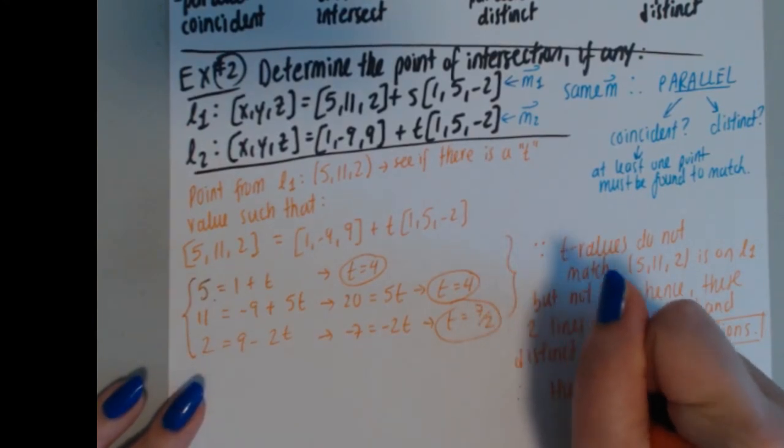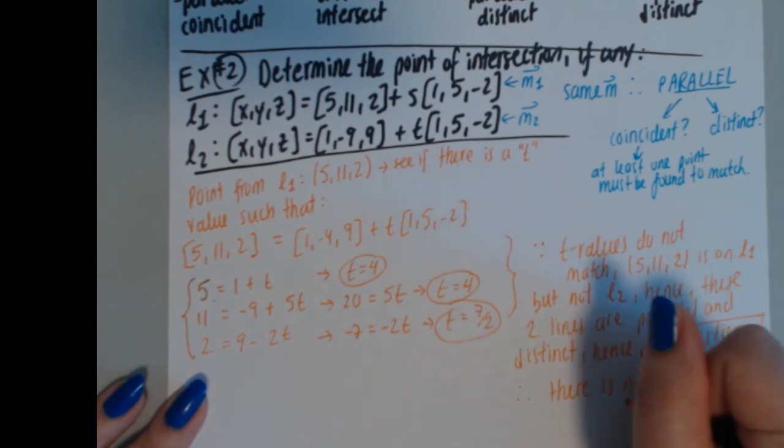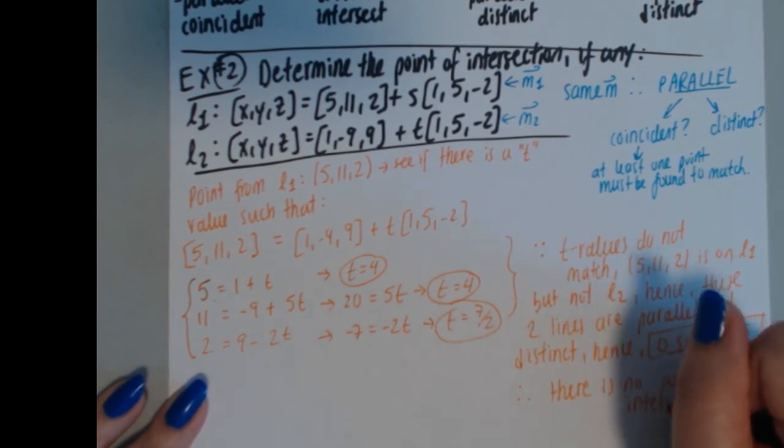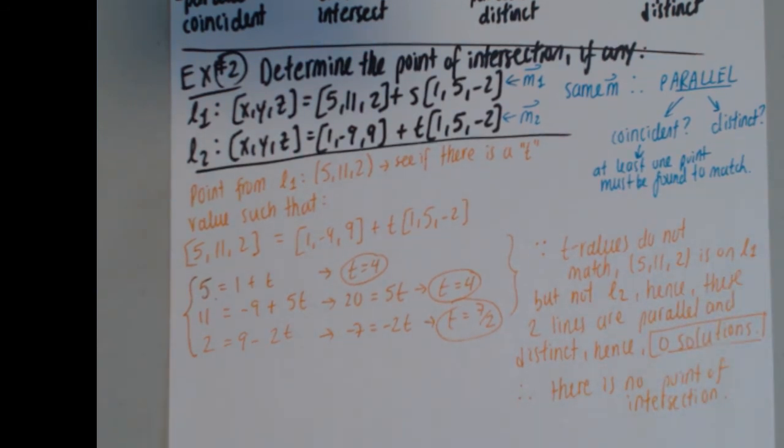Therefore, there is no point of intersection. I suppose stating that there are 0 solutions would imply this as well, so writing one or the other is fine. Again, moving on to the next example, example 3. Find the point of intersection of L1 and L2.